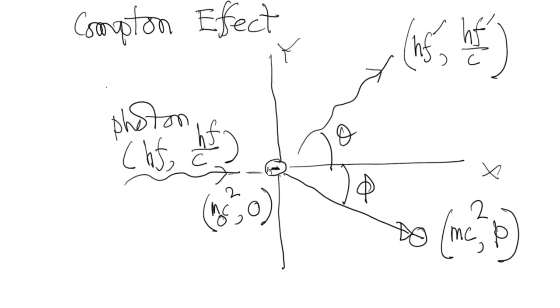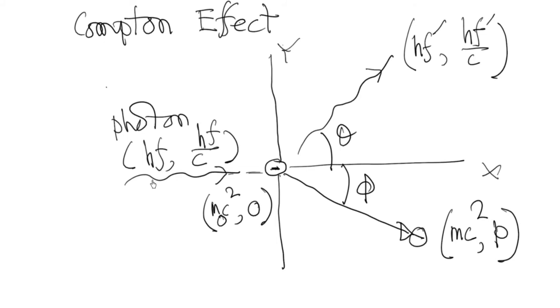When a photon of light strikes an electron, there will be transfer of energy and linear momentum from the photon to the electron, and the electron will gain energy and start to move along a direction making an angle phi with the original direction of the photon, and the photon will be scattered along a direction making an angle theta with its original direction of movement.